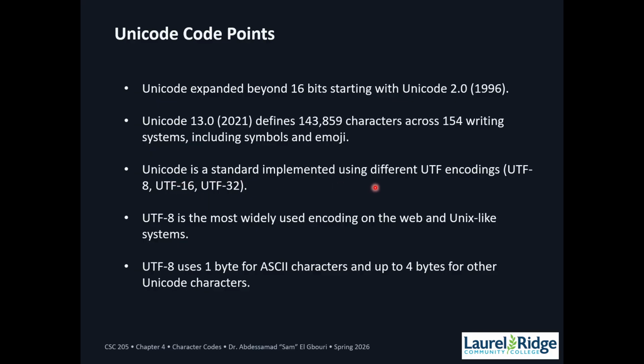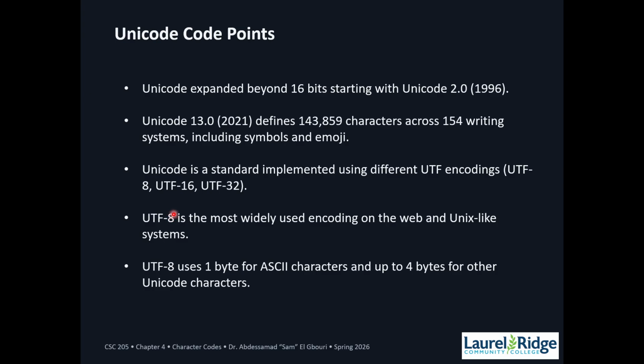Unicode is a standard implemented using different UTF encodings. So UTF 8, 16, and 32. 8 is the most used, and it's for web, Unix, and many other systems. It's used a lot because it's 8 bits, almost like the extended ASCII, which is also 8 bits, but UTF-8 has more characters.